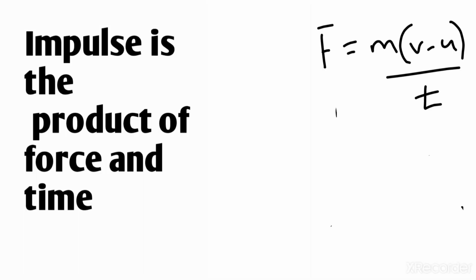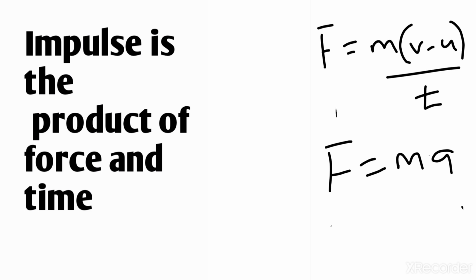I can choose to rewrite the equation like this. I just factored out the mass m and then have v minus u in bracket. So from this, F is our force, then mass is m. You know that v minus u over t is acceleration, because v minus u is change in velocity over time.